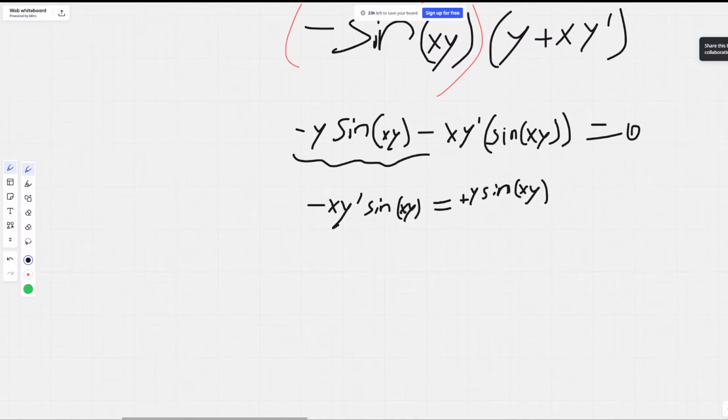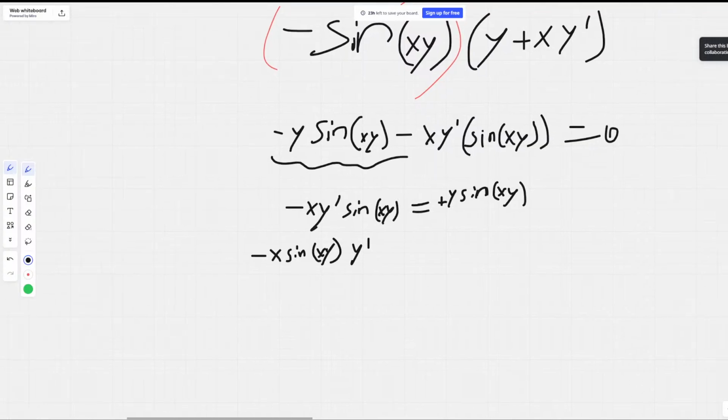And to make this look a little bit better, we could rewrite this as negative x sine x, y times y prime.